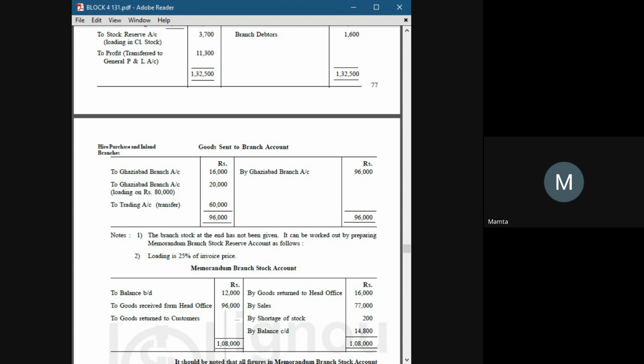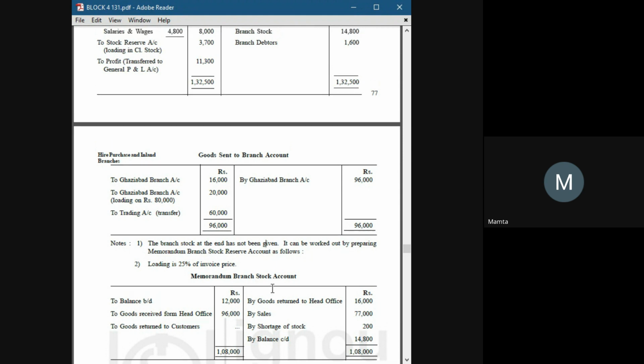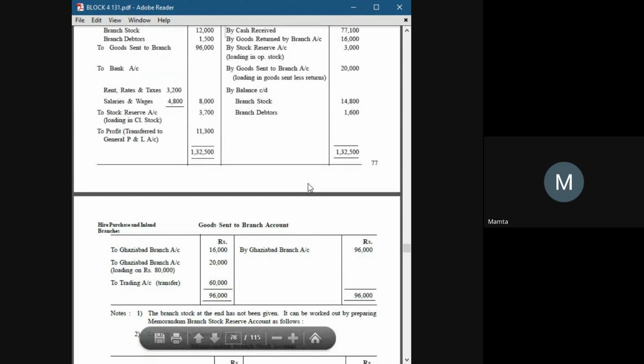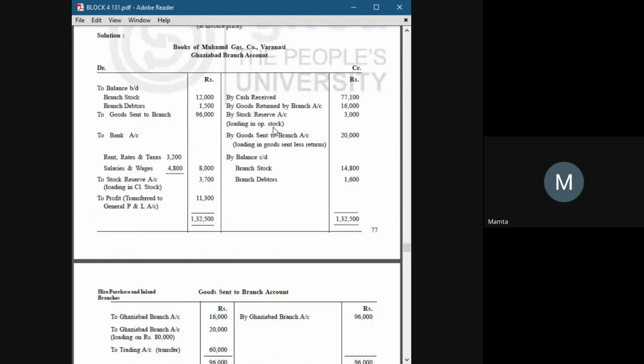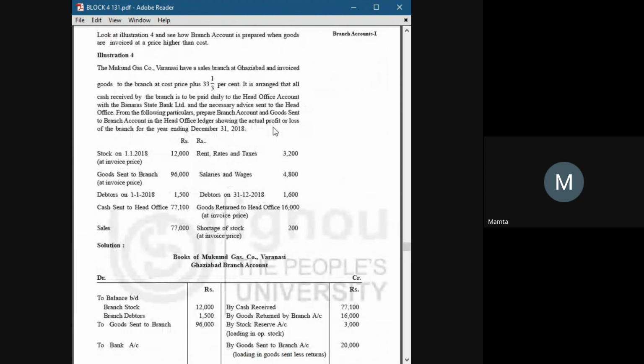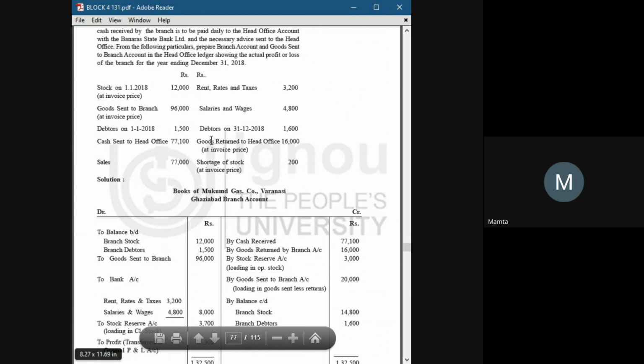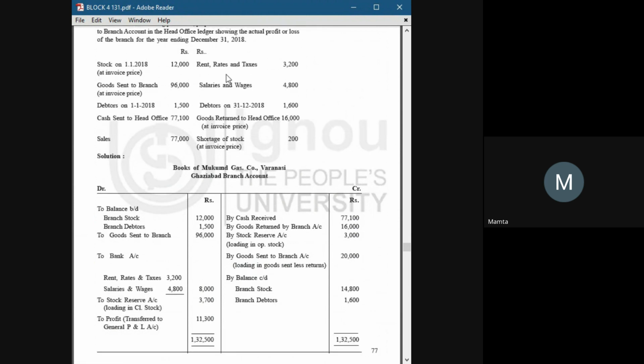The salaries and wages we have paid are 48,000. The head office has paid it. And the rent, rates and taxes they have paid are 3,200, and it is mentioned here.